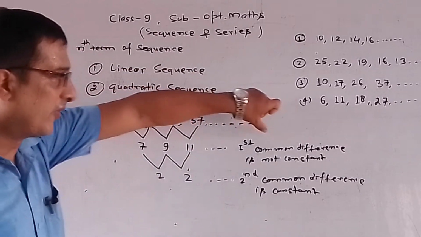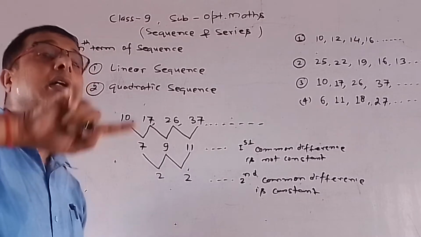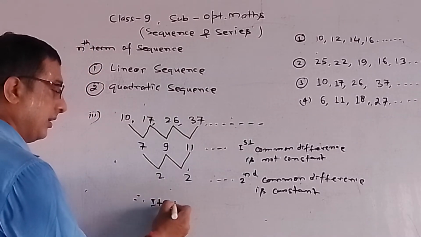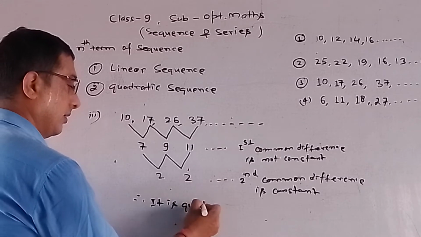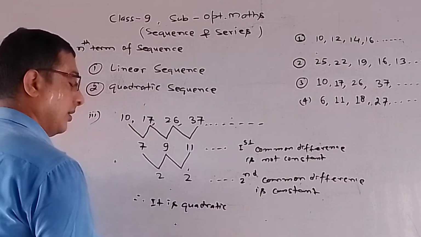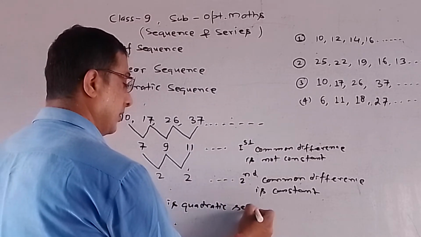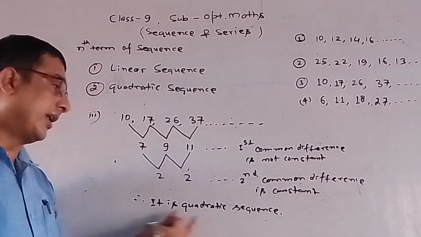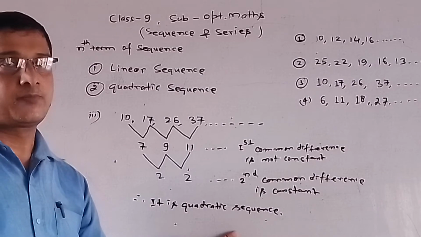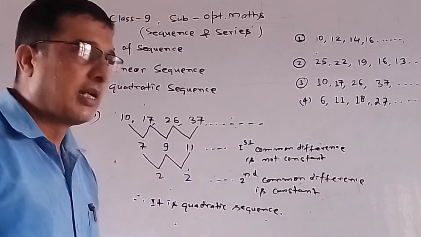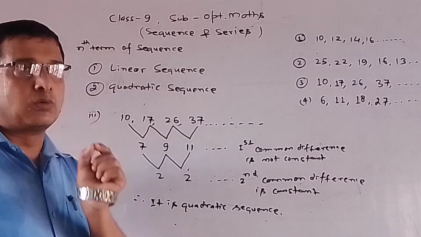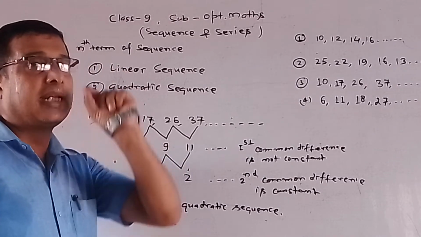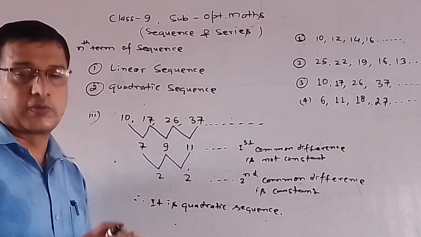When the first common difference is constant, it is a linear sequence. Therefore, it is a quadratic sequence. Is that clear? Now I am going to explain how to find the nth term of a linear sequence and of a quadratic sequence.